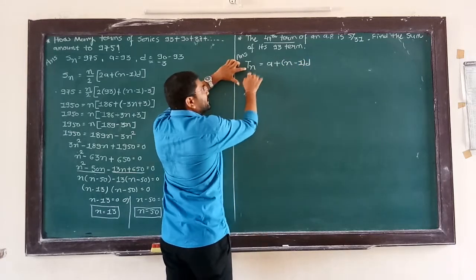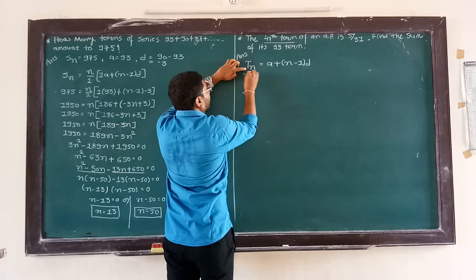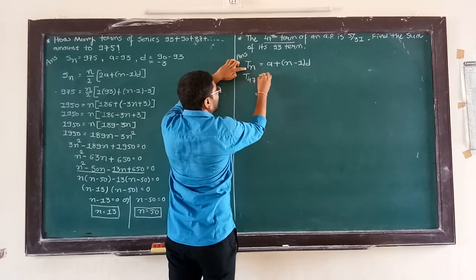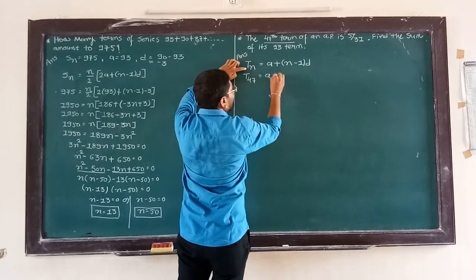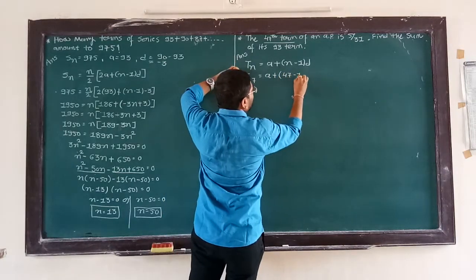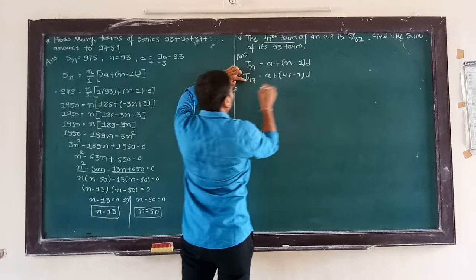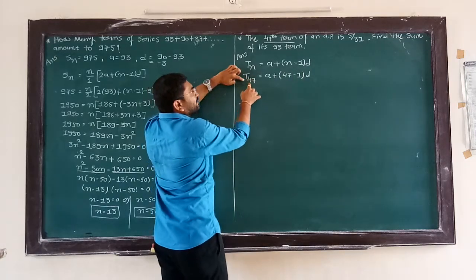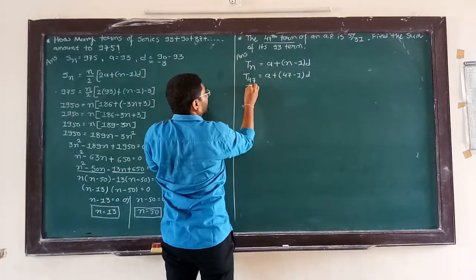Tn means how many is given? 47. T47 is equal to a plus (47 minus 1)d. A is not given, n is given, d is not given. See students, the 47th term is given, 5 upon 31.